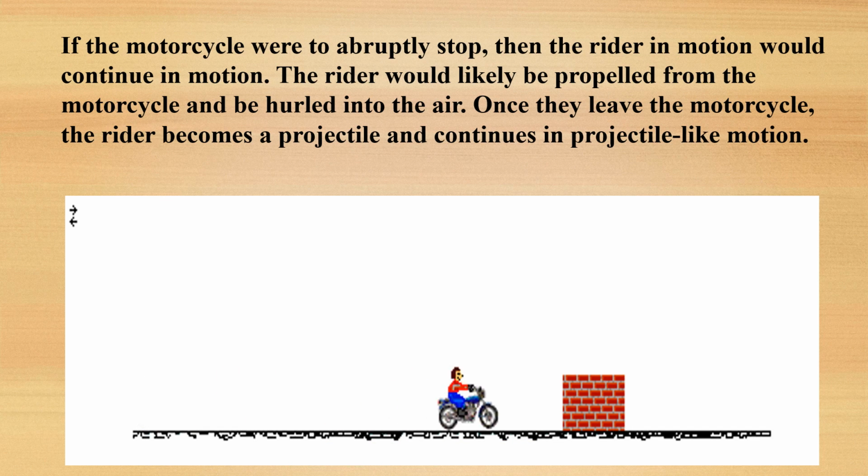If the motorcycle were to abruptly stop, then the rider in motion would continue in motion. The rider would likely be propelled from the motorcycle and be hurled into the air. Once they leave the motorcycle, the rider becomes a projectile and continues in a projectile-like motion.